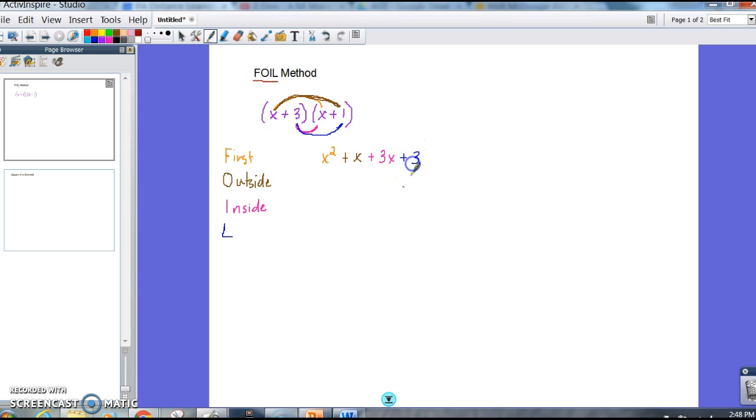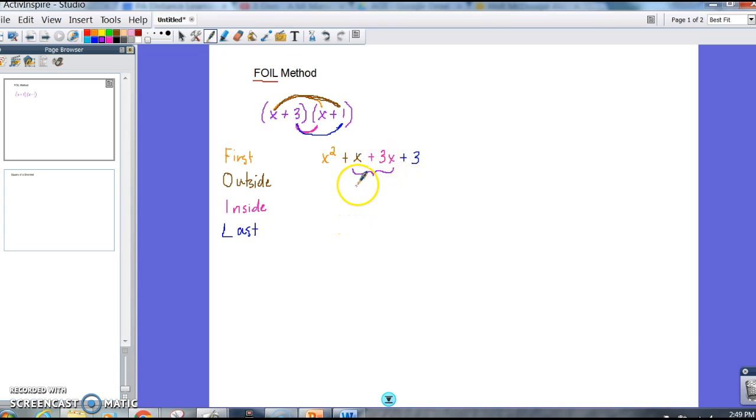and that gives me 3. Now, what is great about this method is that if you just follow those things, I forgot to write down the word here, L stands for last, that takes care of all of the multiplication that you have to do. And now, you have a very easy step of combining those two middle terms because they're like terms.